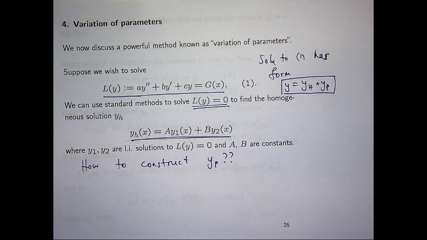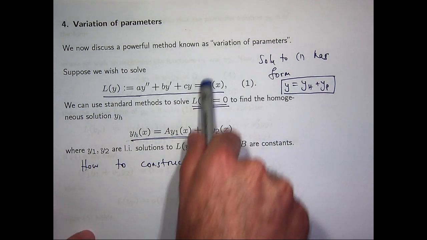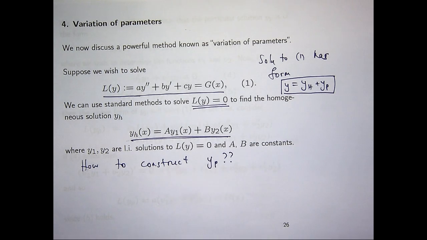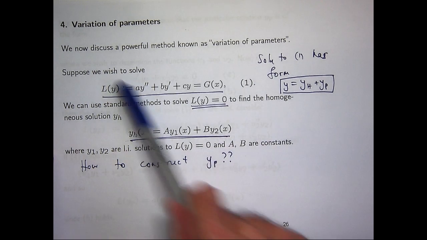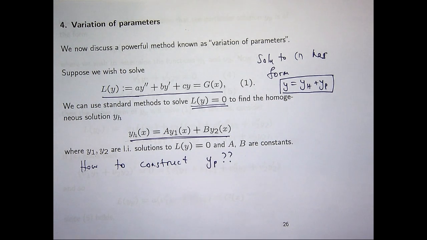That doesn't always work, though. For example, if g of x was tan of x, you couldn't just make a guess for your y sub p when we looked at the method of undetermined coefficients.